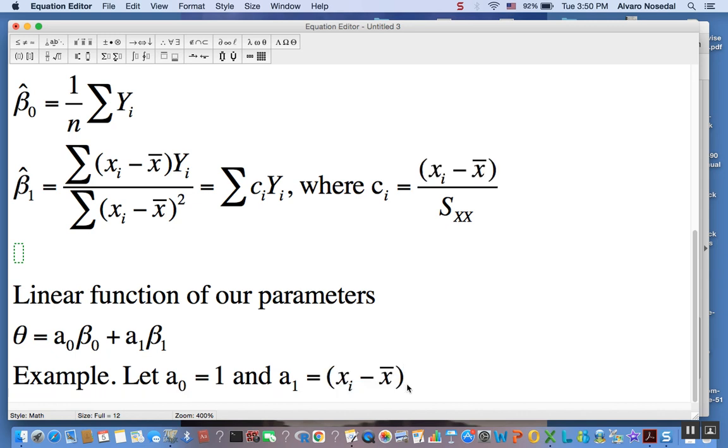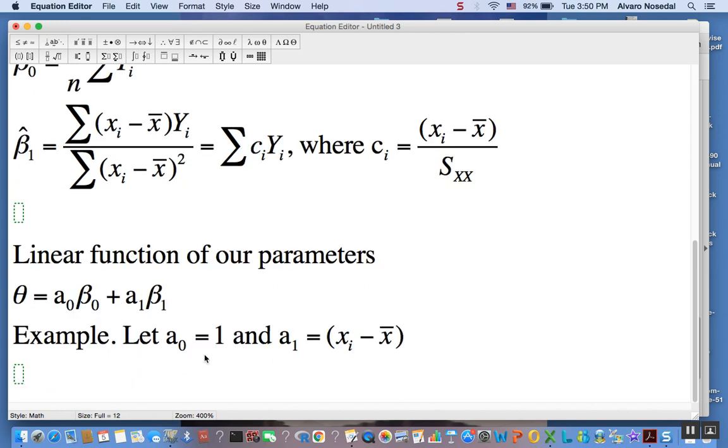If we do that, we end up with a0 times beta 0, that's just beta 0, and a1 times beta 1 would be xi minus x bar times beta 1. So let me write it down here. In that case, what we end up with is just beta 0 plus beta 1 times xi minus x bar.